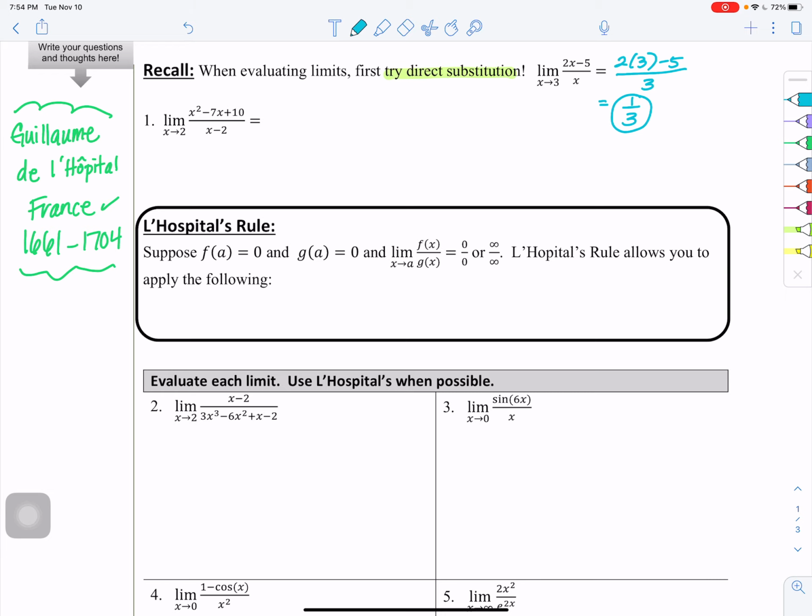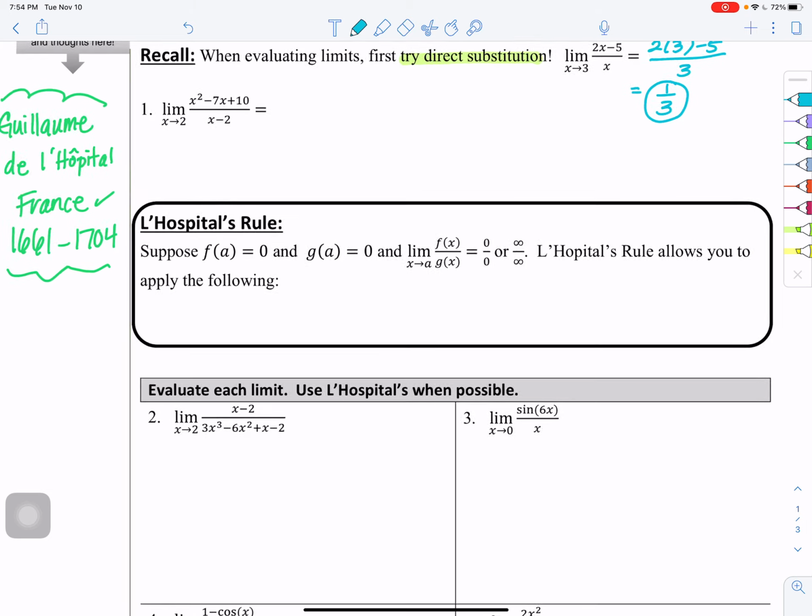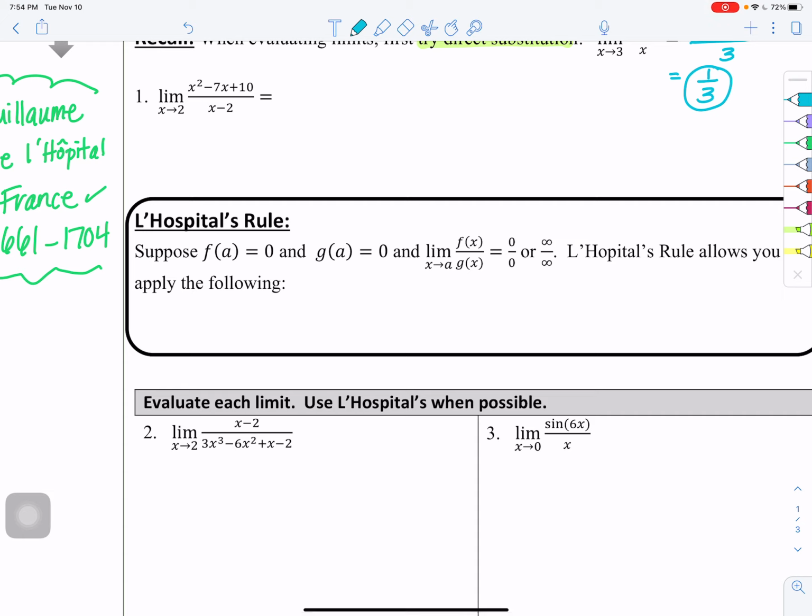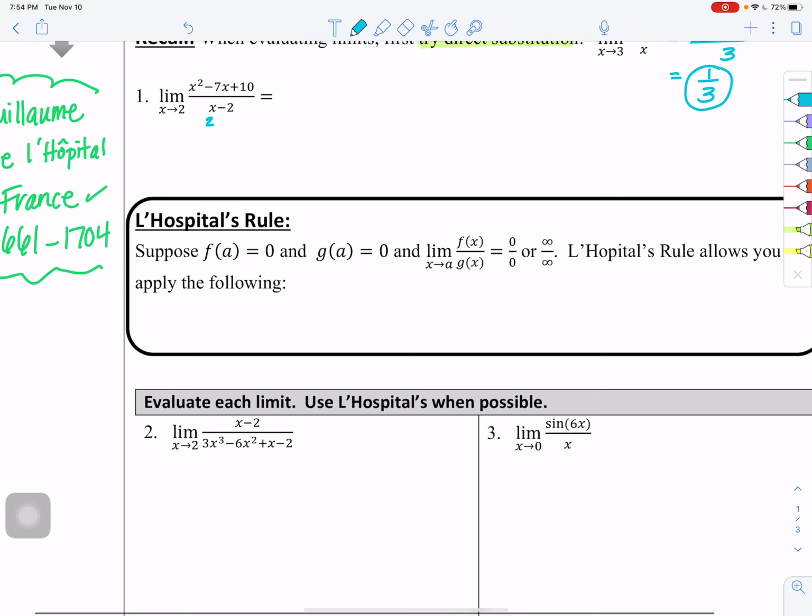Now, let's get into using L'Hopital's rule. We're asked to find this limit as x approaches 2. We have a quadratic over x minus 2. What we've learned in the past is plug it in. But if you plug in a 2 in the denominator, you're going to have a 0, and we can't have that. So we knew we had to try algebra.